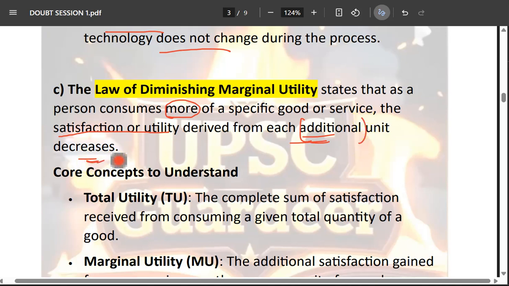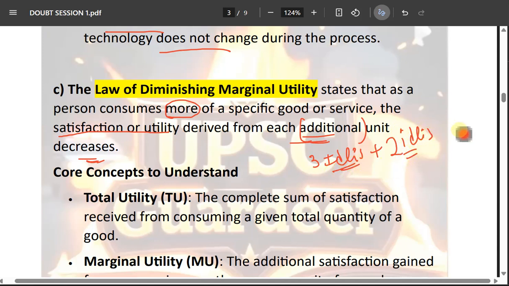I'll state it again. As a person consumes more of a specific good or service, the satisfaction or utility derived from each additional unit decreases. In simple terms, I'm hungry, I'll go to a hotel and eat 3 idlis. But my friend will come and put 2 more idlis. First of all, 3 idlis is always full for me.